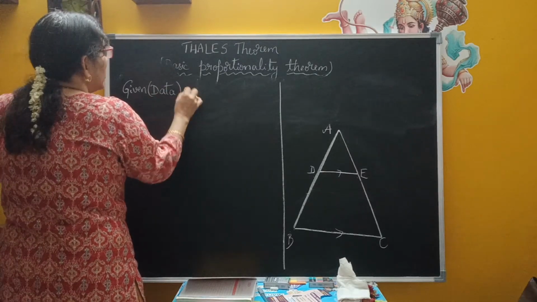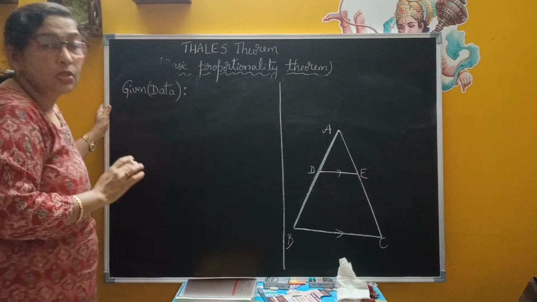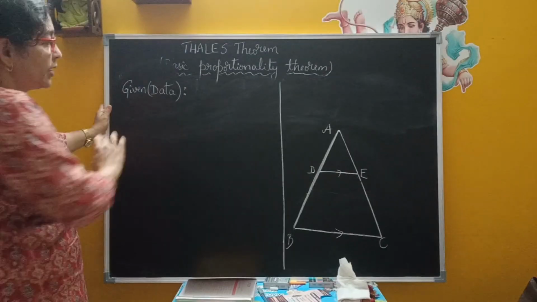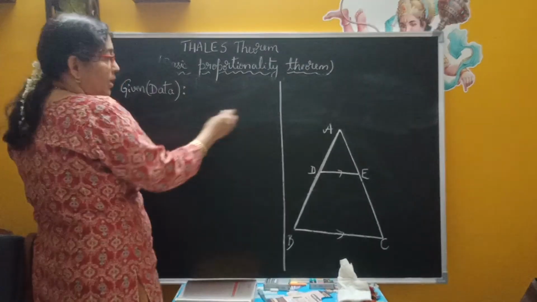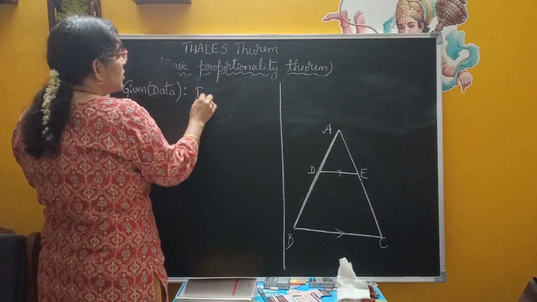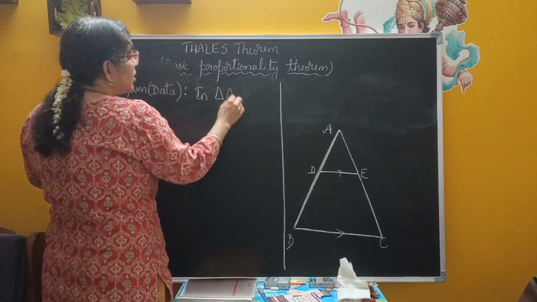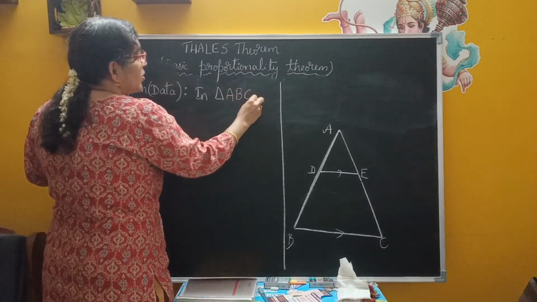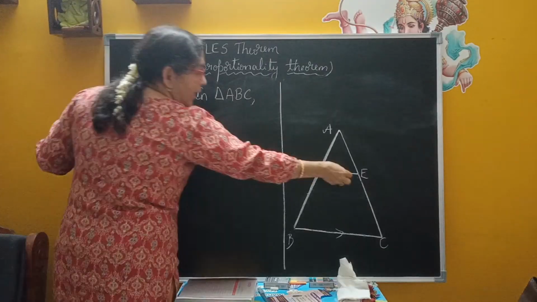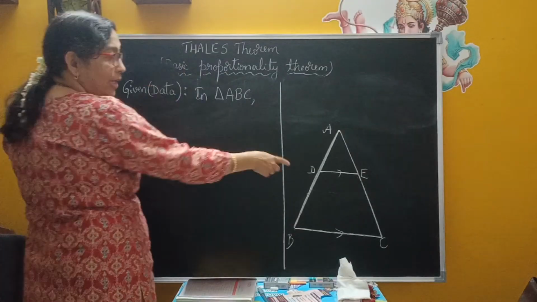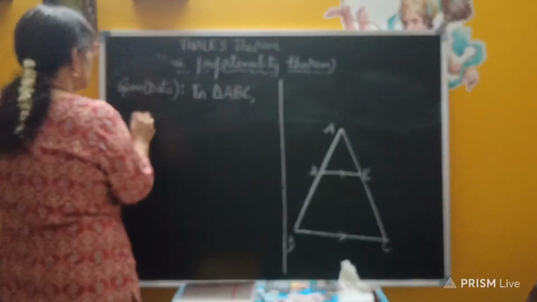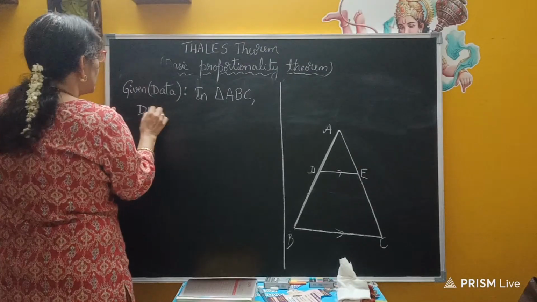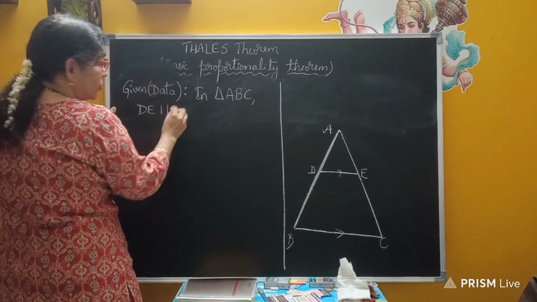While proving a theorem, the first part is you need to write the data, or what is given in the statement itself. In triangle ABC, what is given is DE parallel to BC. A line DE is drawn which is parallel to BC. So DE is parallel to BC.